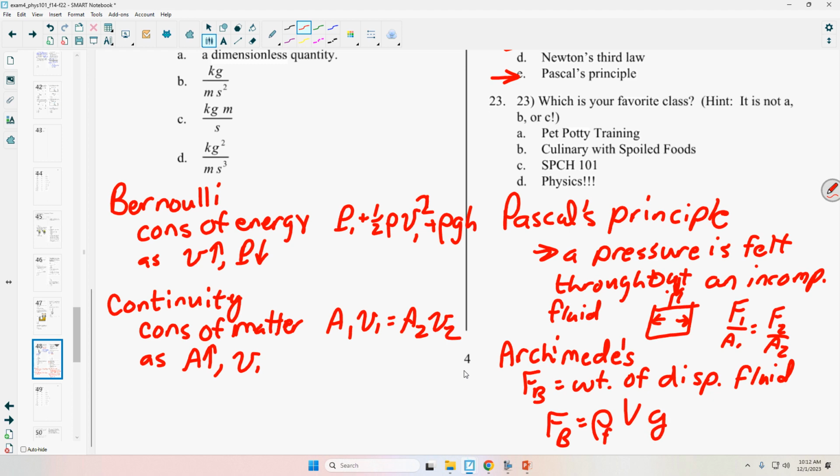That's density of the fluid, volume of the object, times g. So those are the four big principles, our laws that we discussed in class. Make sure you know them, what they represent, what equations are connected to them, and the results of them, like for Bernoulli and the continuity equation. Right? Particular questions, John?